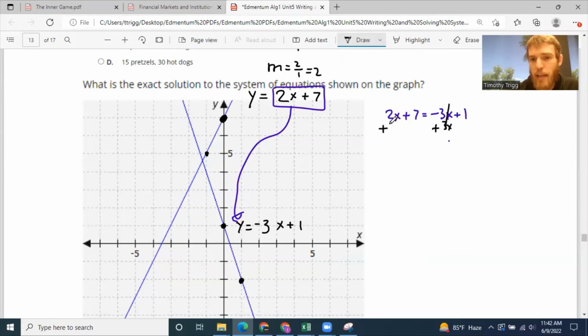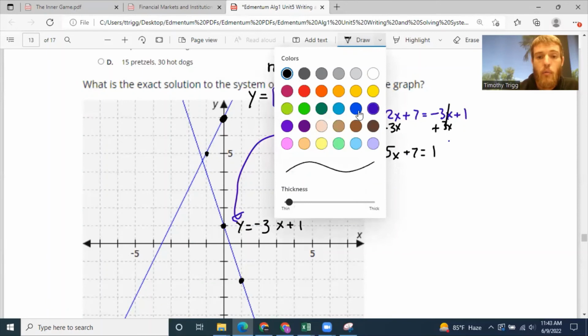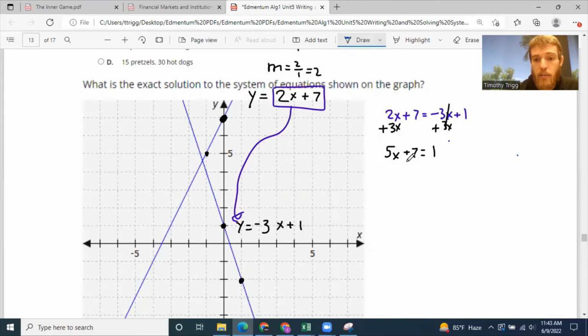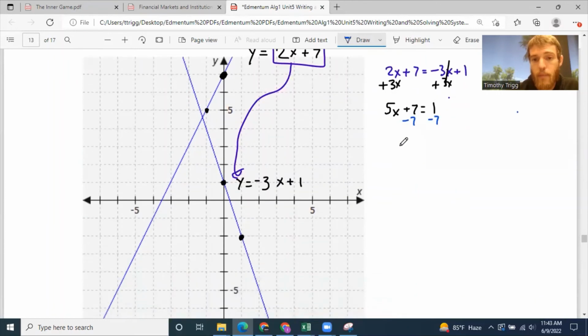Remember, I don't like x's on both sides. So if I can move all my x's to one side, that's good. I like to do that. 5x plus 7 equals, and we have a 1 over here. What would be my next step to help me solve for x? Well, I would subtract 7 on both sides of the equation, giving me 5x equals negative 6.